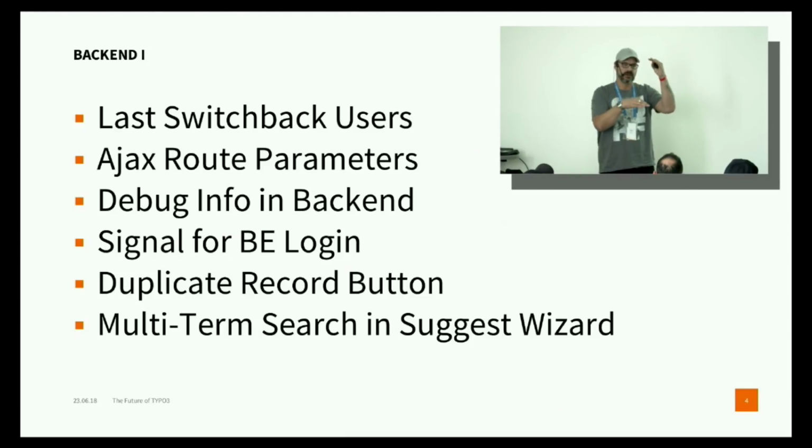It's a small field where you can type stuff in. Now it allows for multi-term search. So you can basically search for site plus German, and you will get every page that has both words in them in whatever order. This is helpful, for example, if you have a lot of customer data and you want to find that specific person real fast and you don't know whether the first name is actually in the right field. So pretty cool.